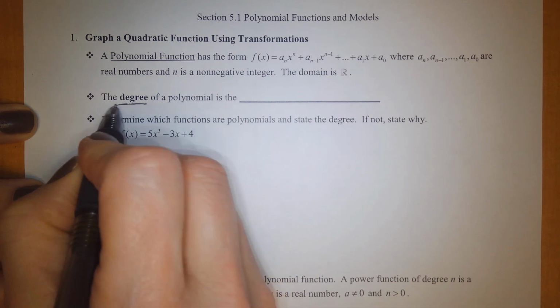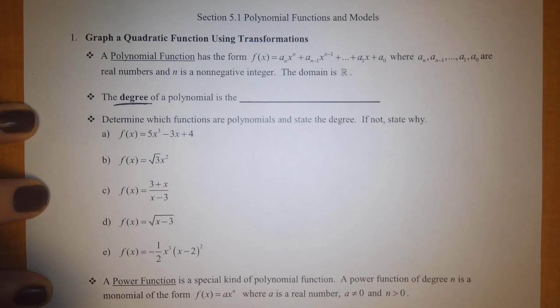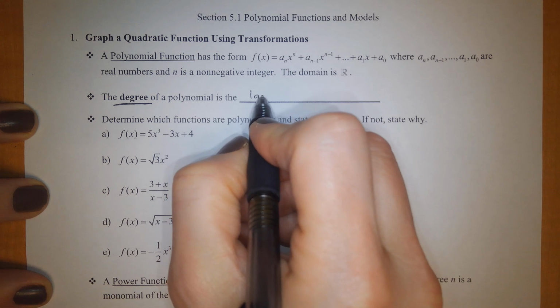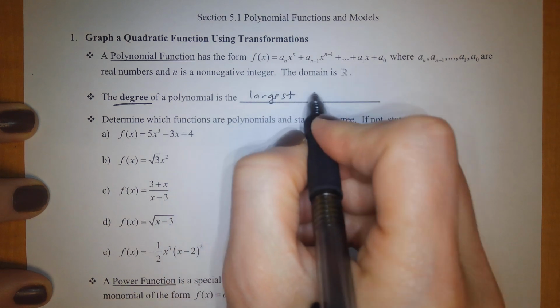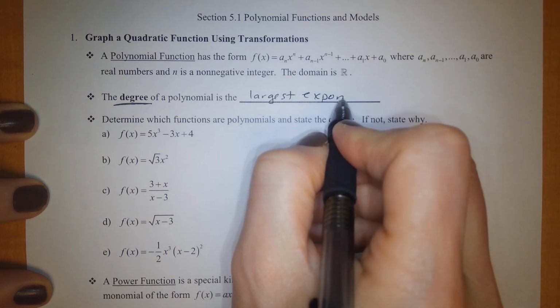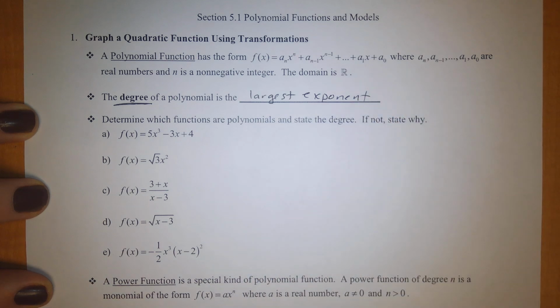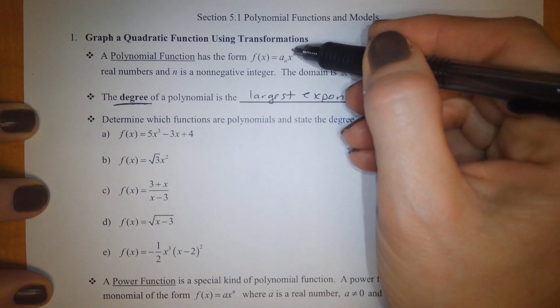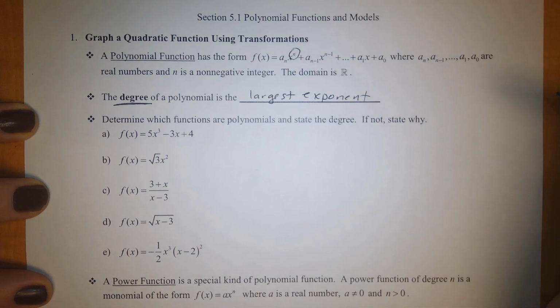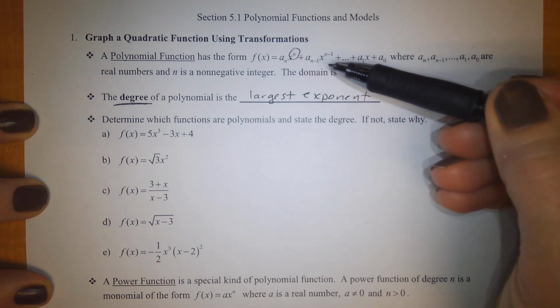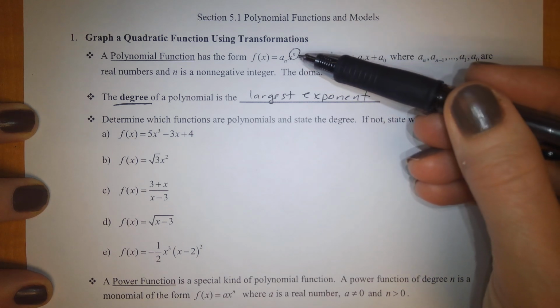The degree of a polynomial is going to be the largest exponent. In this case, the largest exponent would be n, so the degree of this polynomial would be n.